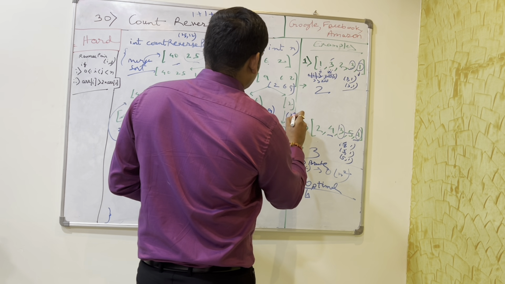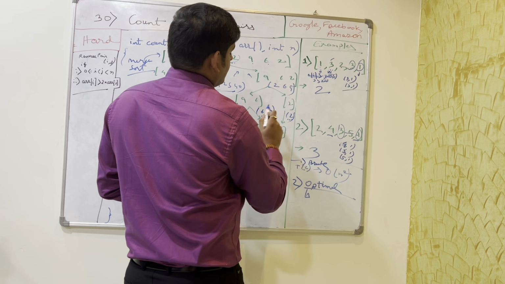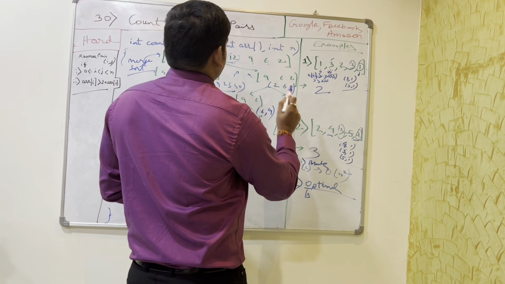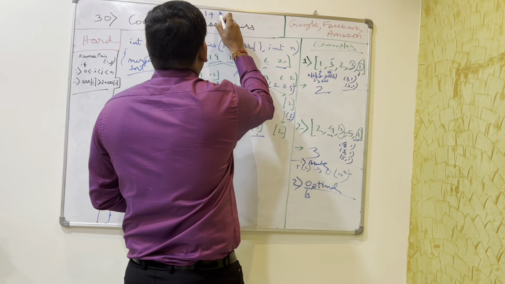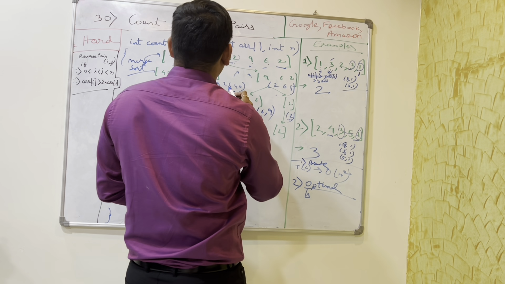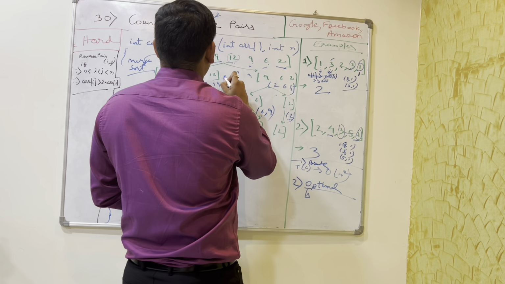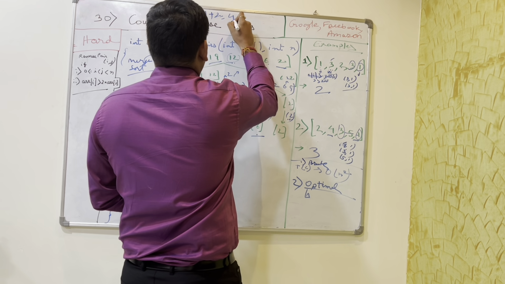And then with the single element 2, 6, 2 is a pair and 9, 2 is also a pair. So we have got two more pairs in this 2, 6, 9. Here two pairs were there and here two pairs are there. Total we have 4 pairs till now.